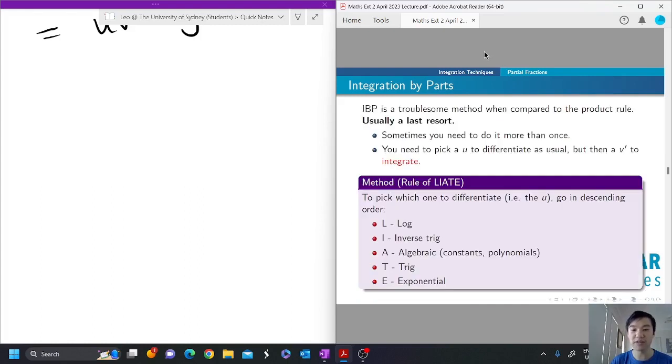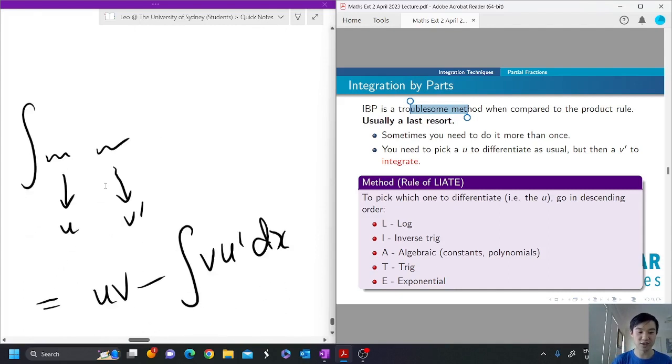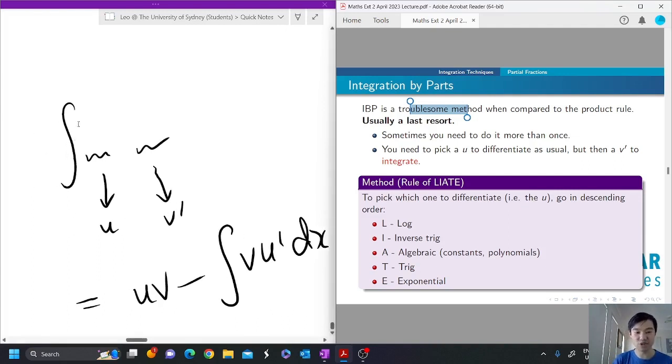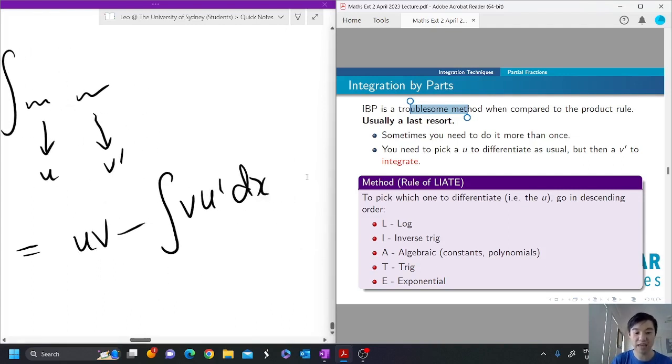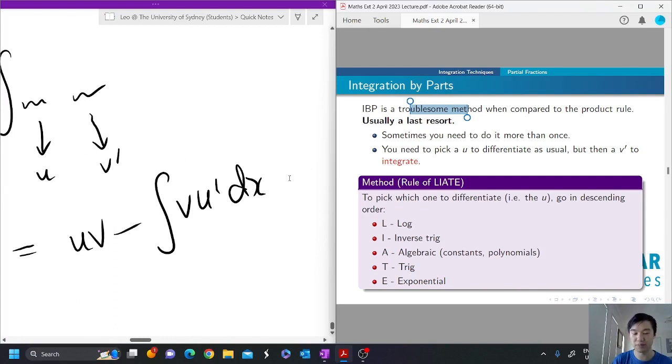The problem with integration by parts is it's troublesome compared to the normal product rule, because sometimes you might have to do it more than once. You also need to be smart with which part of the integral you decide to be u and which part you decide to be v dash. Because as you can see, it doesn't directly integrate it for you. It just leads you to another integral. You get uv, but you also get another integral.